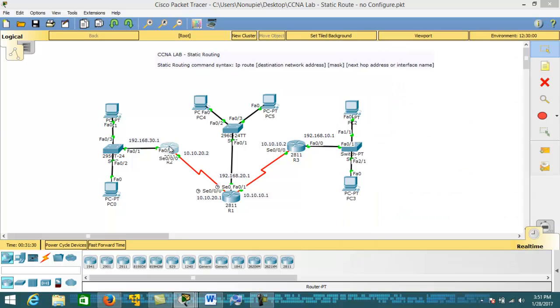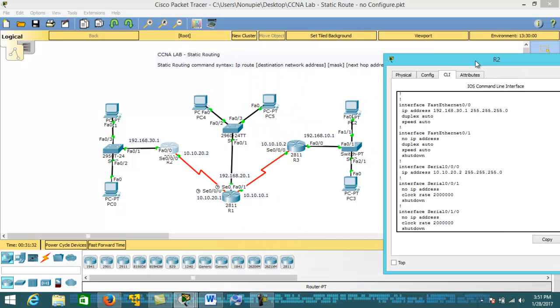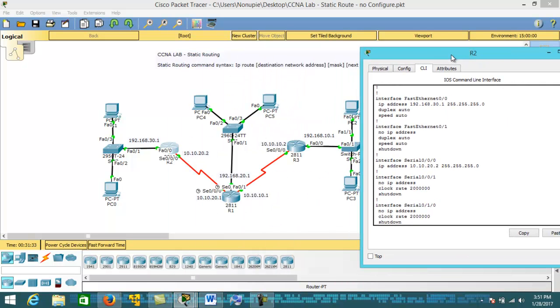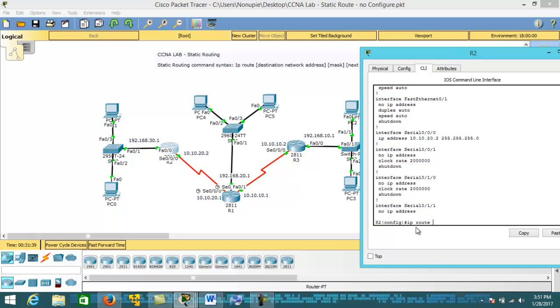Similarly, on R2 we are going to configure the static route for the 10.10.10.0 network. So IP route 10.10.10.0, mask 255.255.255.0. What will be the exit interface? Sorry, the next hop address. You can use an exit interface also.